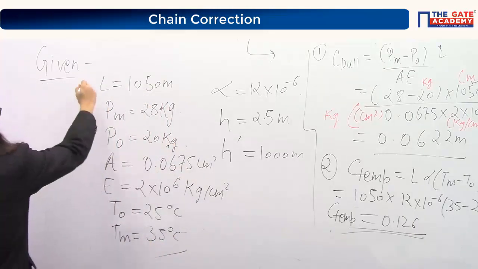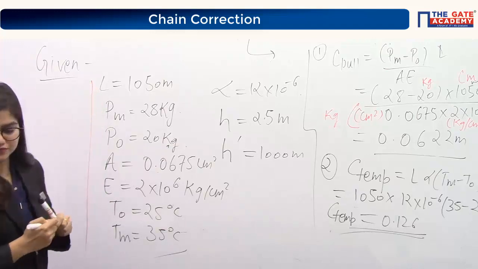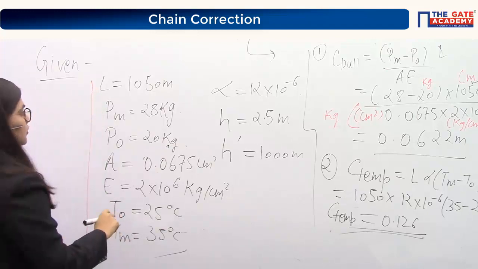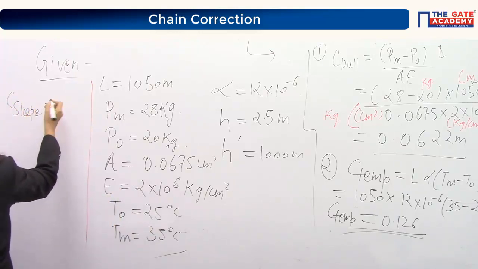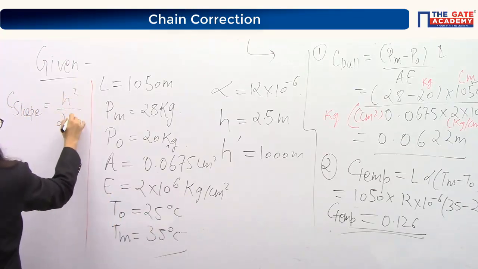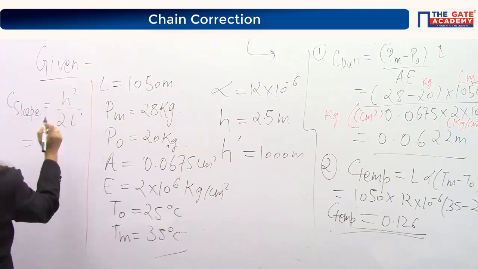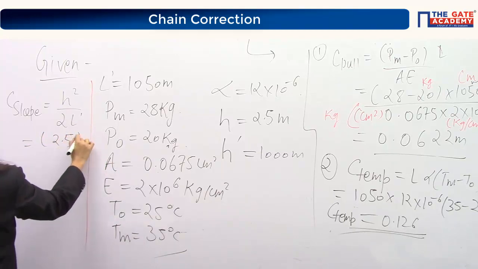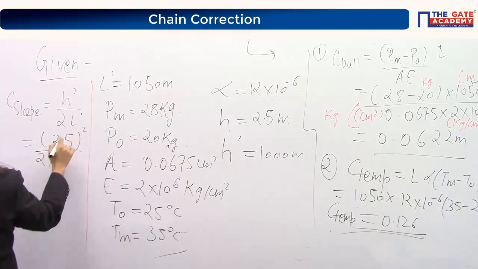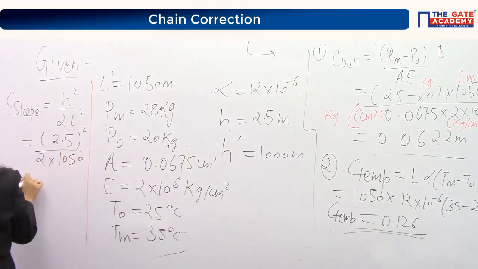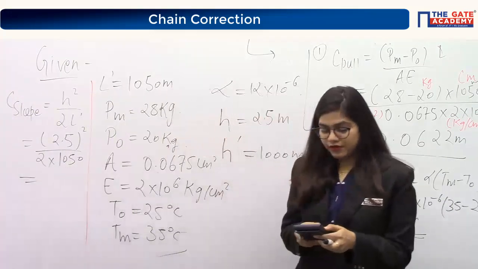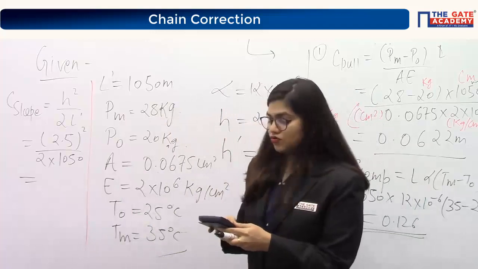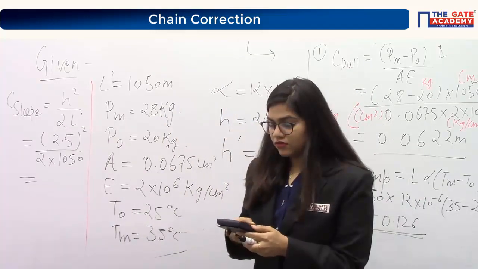I will not change the values and everything. I'm writing here. Then correction for slope. C slope is nothing but h square by 2 l dash. So l dash is nothing but this one. H is 2.5, so it will come out to be 2.5 square divided by 2 into 1050.